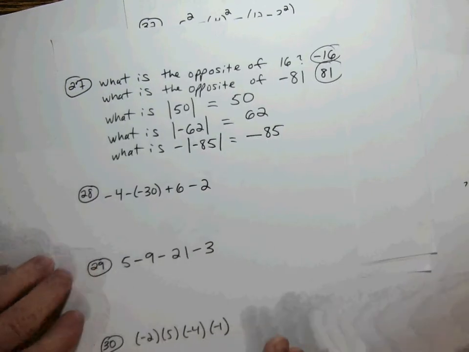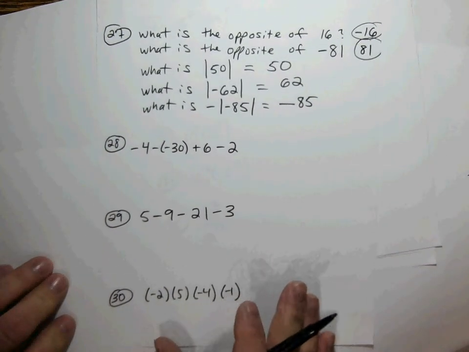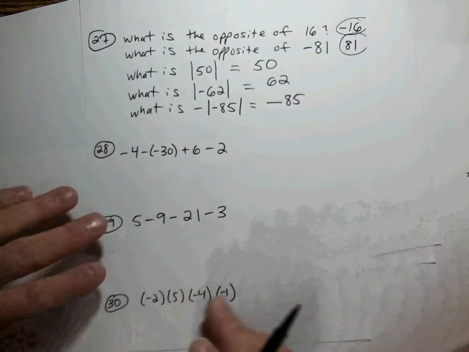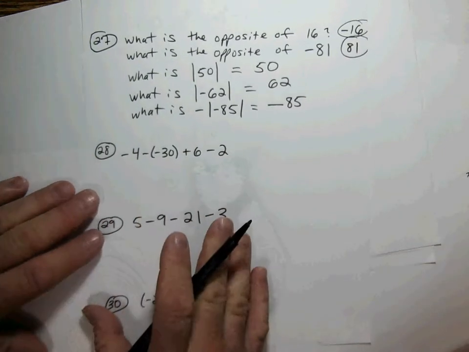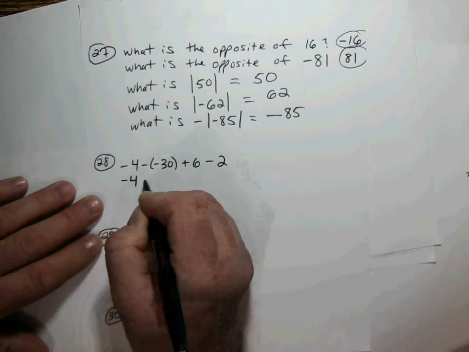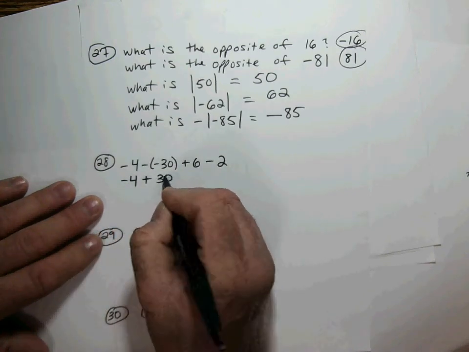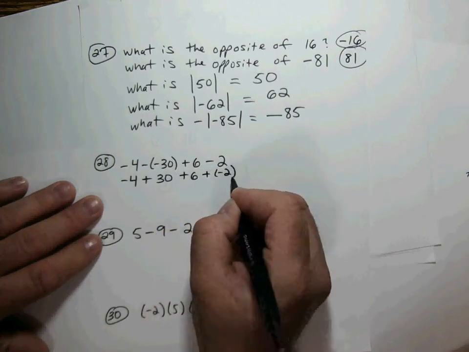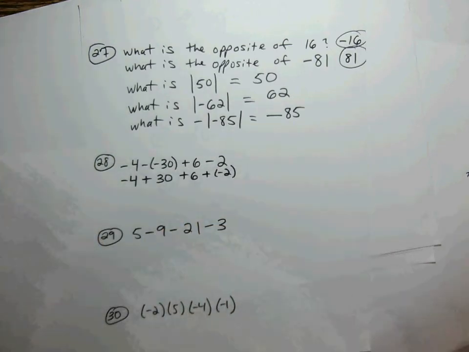Okay, adding, subtracting, multiplying, dividing numbers that have negatives. It's order of operation stuff here basically. Subtraction can be thought of as adding the opposite. So if we do the conversions, I'll call that plus positive 30. And I'll call that plus negative 2. Now it's all addition. Yes, I have some positives and some negatives, but it's all addition.